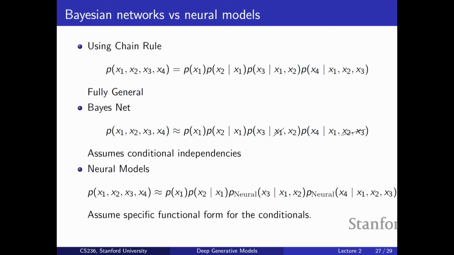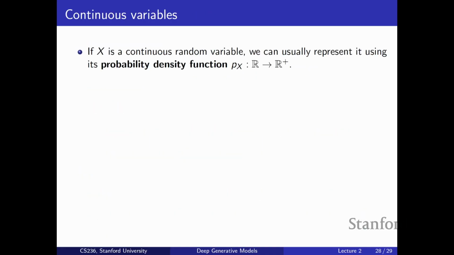Cool. The last thing I wanted to mention is how to deal with continuous variables. We often want to model not just discrete data, but data that is more naturally thought of as continuous, taking values over the whole real axis. Luckily the machinery is very similar.